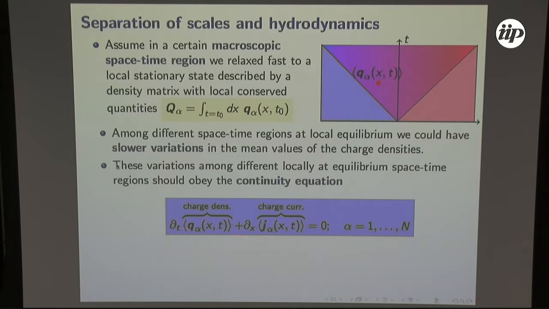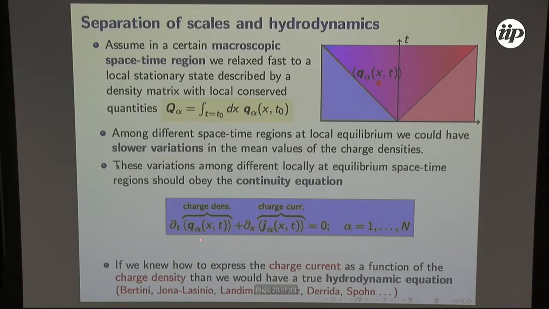But in order to be useful, for this continuity equation you have to know how to express the conserved current in terms of the charge. Otherwise this is useless. If you know how J is expressed in terms of Q, then this is an equation really for Q that, with some boundary conditions, you can solve and ask what happens.